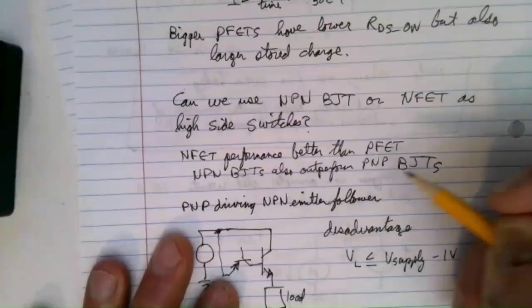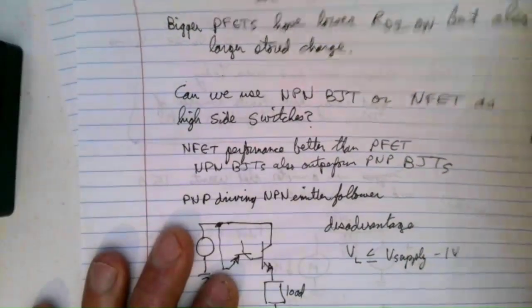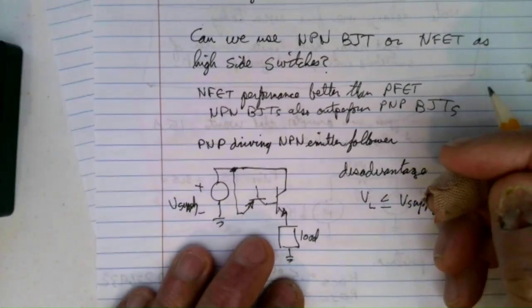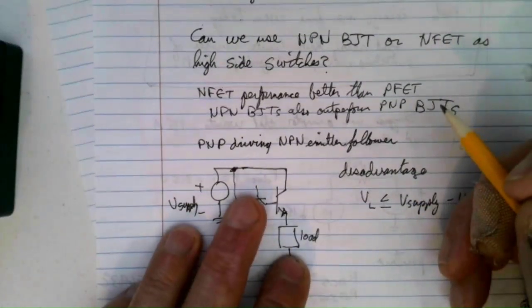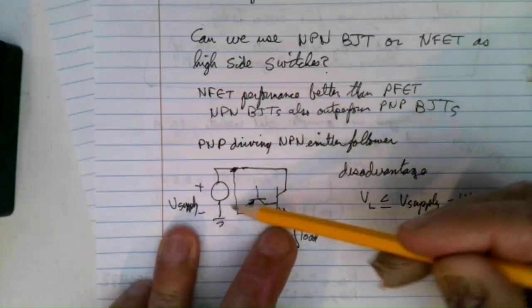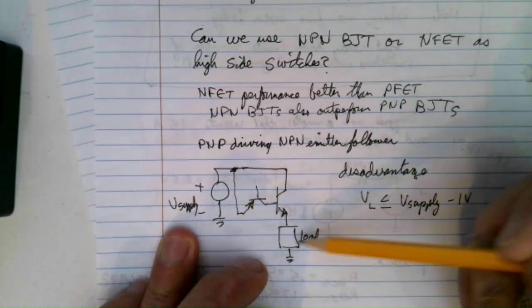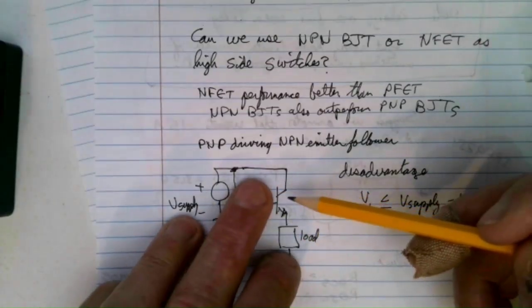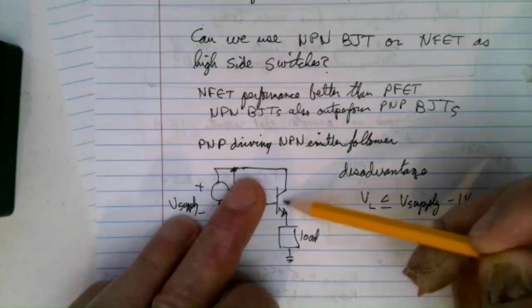So how could we use an NPN BJT as a high side switch? Well, I'm going to cover up something for a minute. We have our supply, we have our load, and then somehow or another, this is an emitter follower.